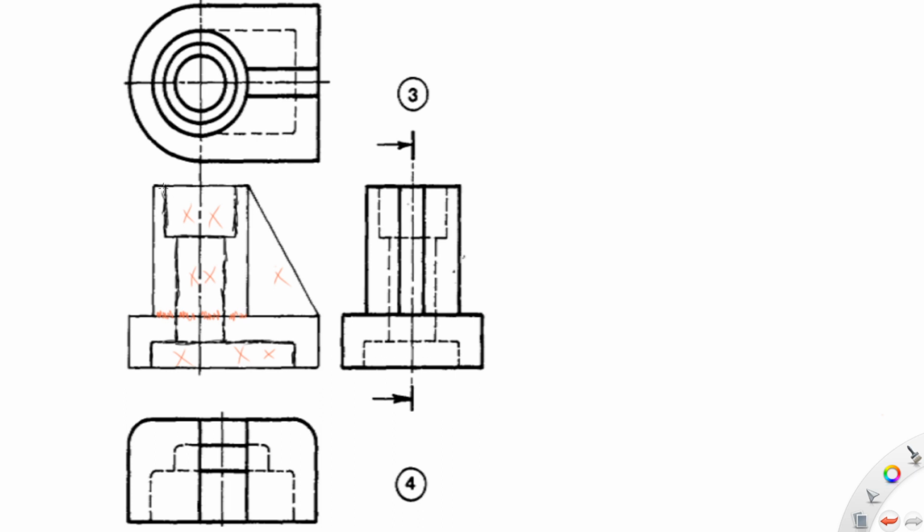Then the area we are going to hatch will be this area here, where there is some material that the cutting plane has gone through. All right, so you have it hatched this way.